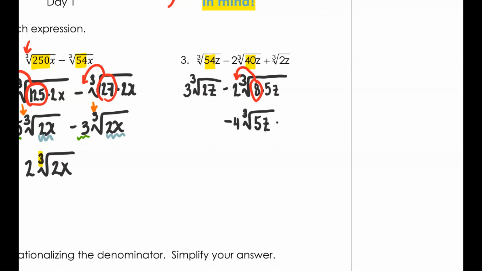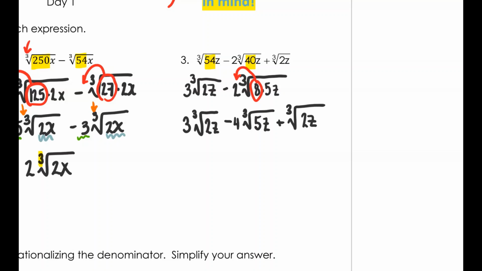My last term, there's nothing that I can do with that one, so I'm going to go ahead and just rewrite it here. And then I'm going to bring down my first one too again. Now, can you add and subtract all of these terms?